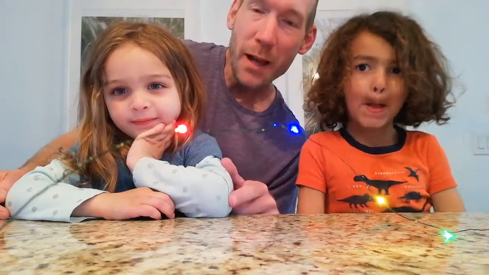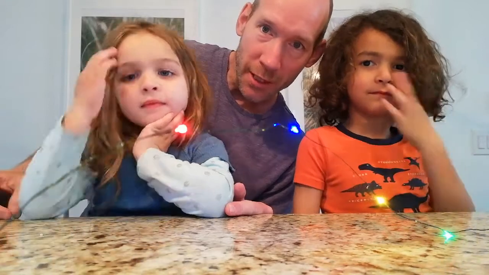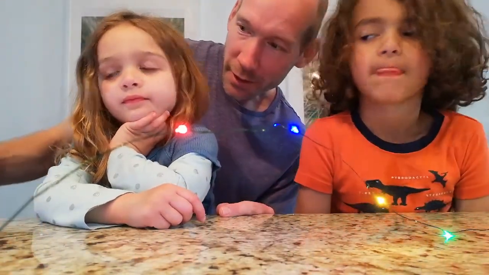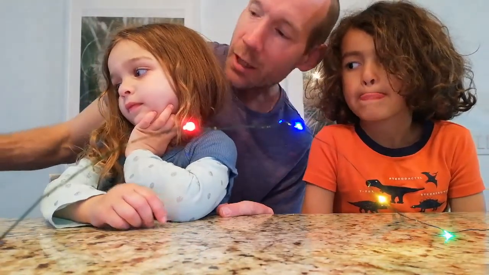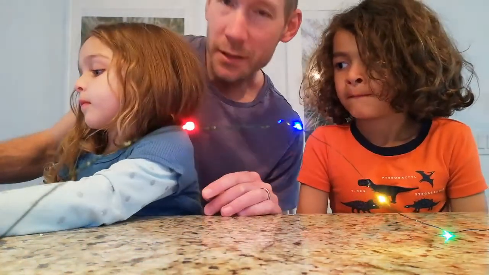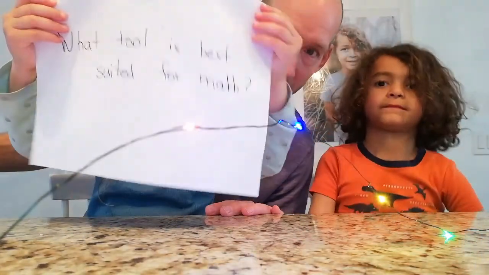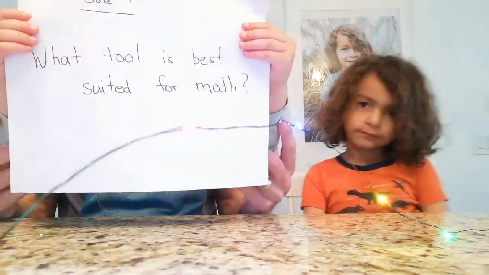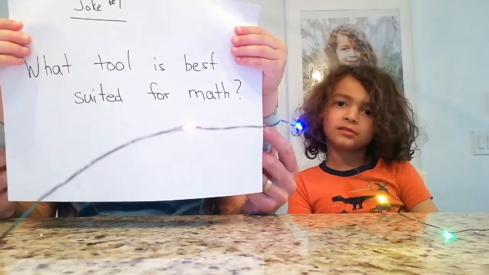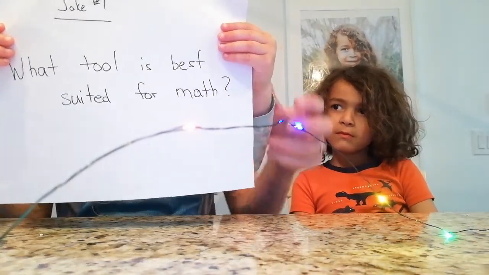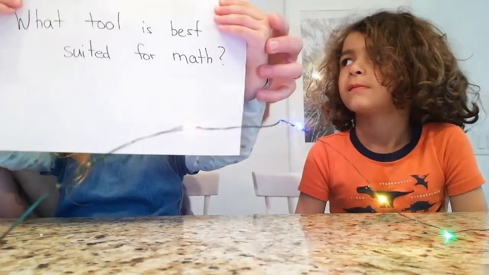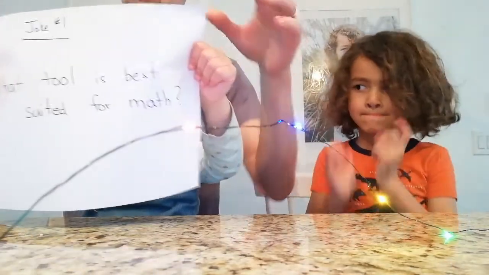All right, we're going to start this math lesson again with a couple of jokes that some of you viewers submitted. The first one is coming to us from John McKenzie. John goes to MEI Online School in Abbotsford. So here we go. The joke: what tool is best suited for math?